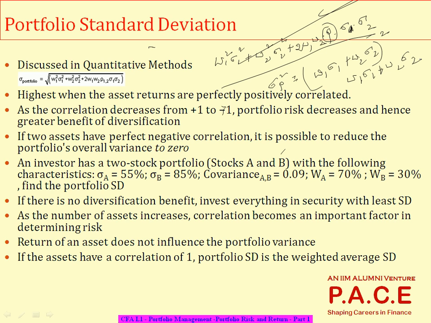So it will definitely be less than W1 sigma 1 plus W2 sigma 2, because some diversification benefit is getting applied. The maximum value could be W1 sigma 1 plus W2 sigma 2. It can fall below that, but it cannot go above that. Right?